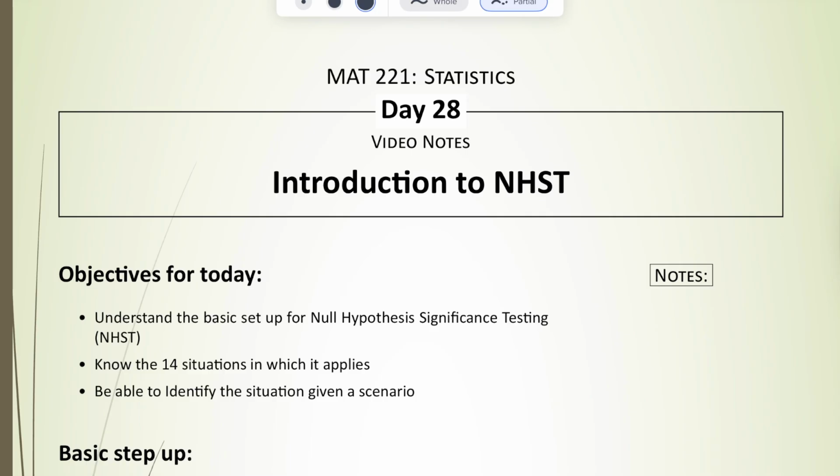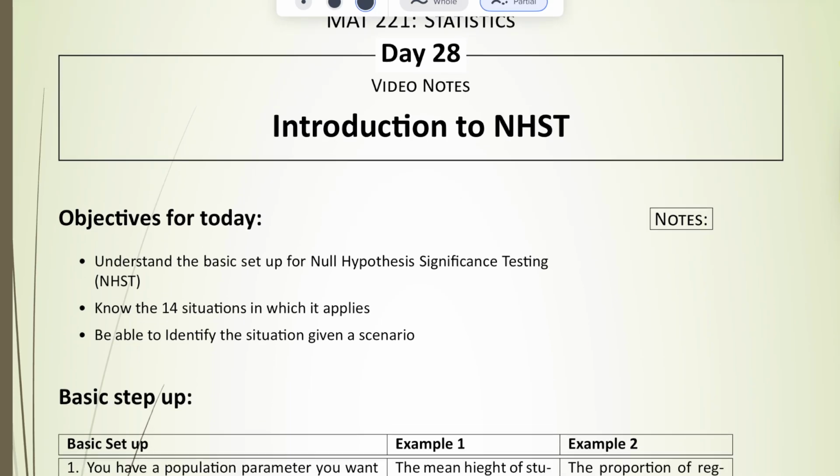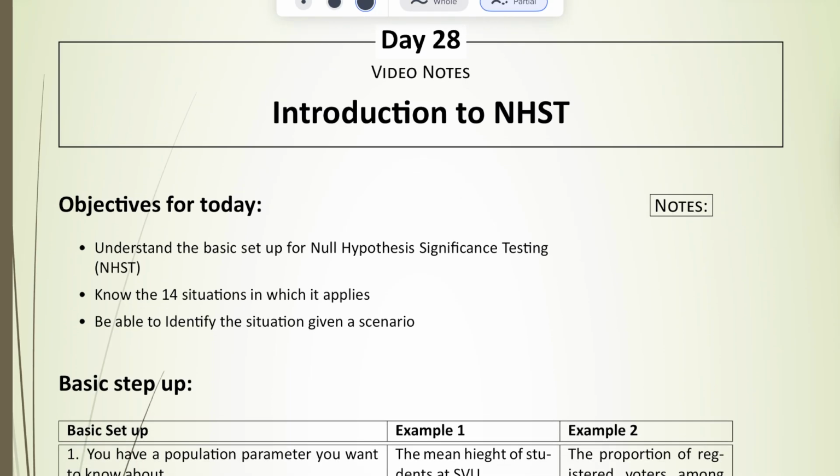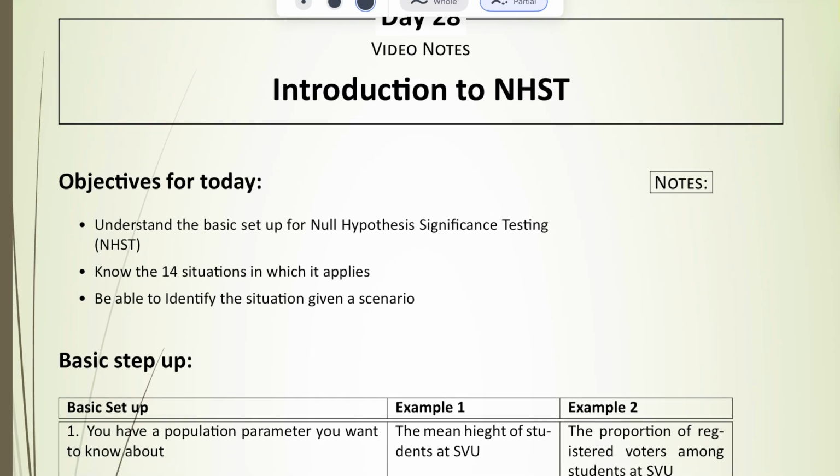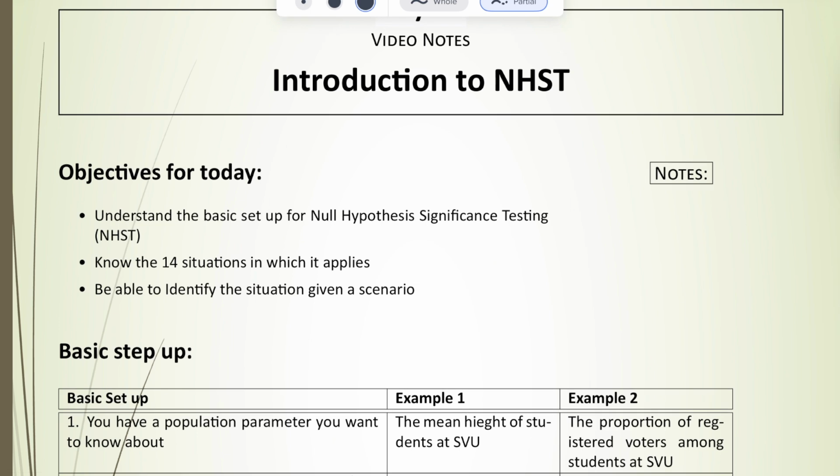And so this one goes before the celebration of knowledge for one section and after it for another. And so the purpose of it is to prepare you for your final project, because you're going to need to conduct one of these hypothesis tests for your final project. Okay, so the objectives for today are to understand the basic setup for null hypothesis significance testing.